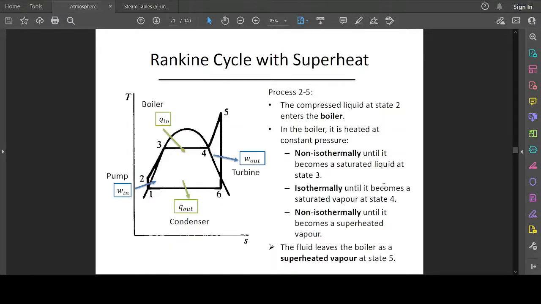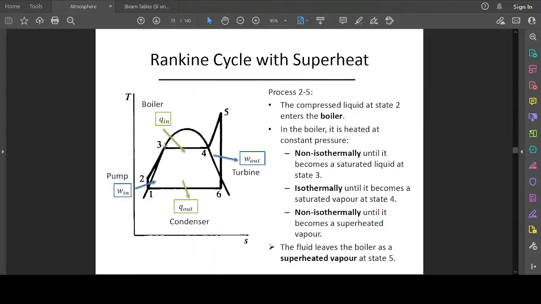Okay, so stages 2 to 5, as we've highlighted: the compressed liquid at stage 2, coming from the pump here, enters the boiler. Okay, in the boiler it is heated at a constant pressure, non-isothermal, so there is a change in temperature up to this stage, until it gets to saturated liquid at stage 3.